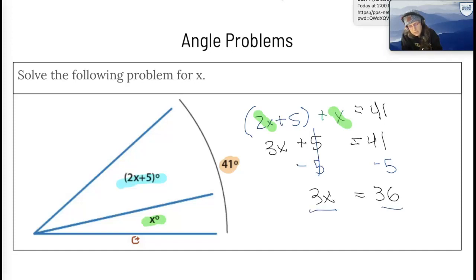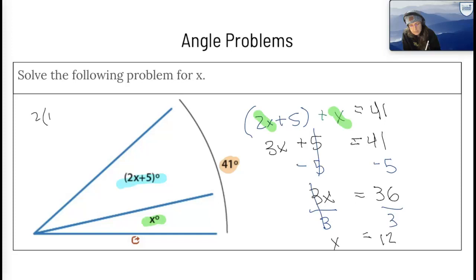And now I'm going to divide both sides by 3. Why am I dividing by 3? Because I am doing the opposite operation, and the opposite of multiplication is division. So then I'm going to end up with x equals 36 divided by 3, which is 12. So x is 12. Now I'm going to check real fast.